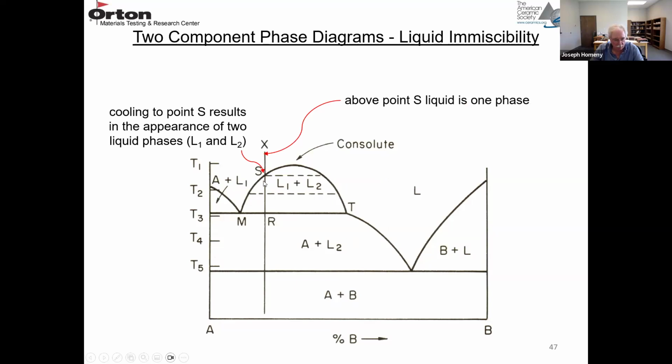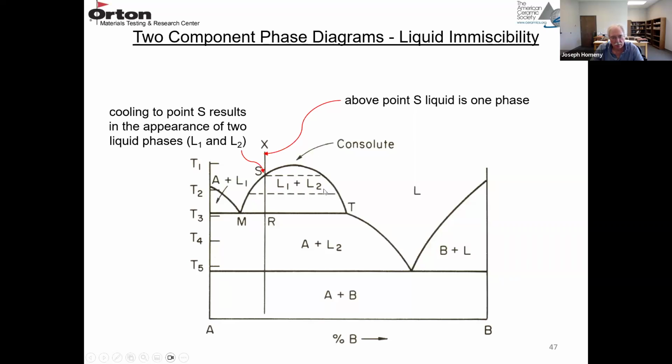So if we look at this composition line X and we cool it down, we're above this liquidus curve here. We just have one liquid phase. But then as we cool down and we reach point S, two liquids appear, L1 and L2.